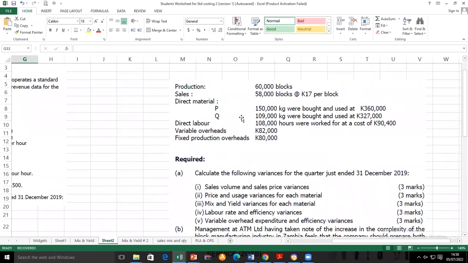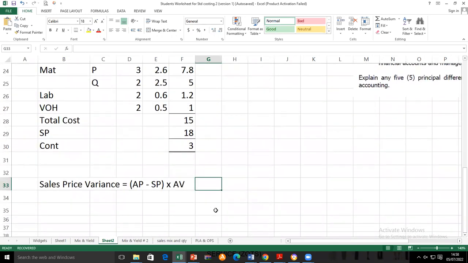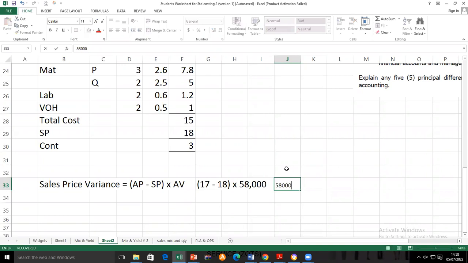Have you seen here? The actual 17, and the 58,000 units. So you come here and say 17 minus what? 18. And then you multiply this by 58,000. The answer is what? Minus.